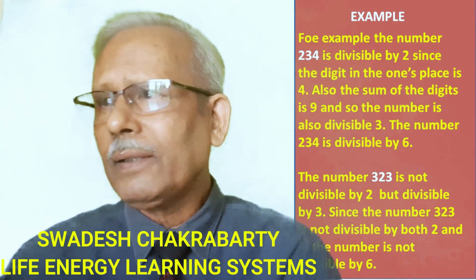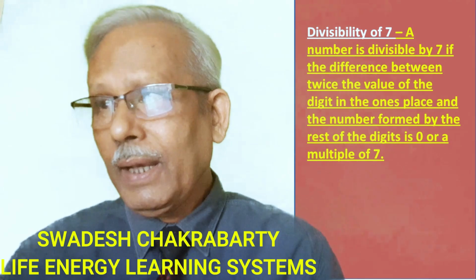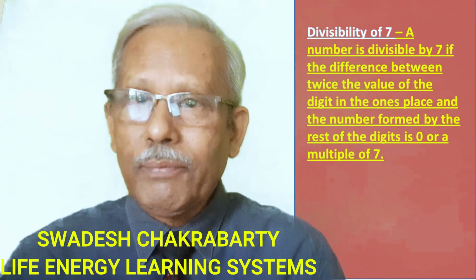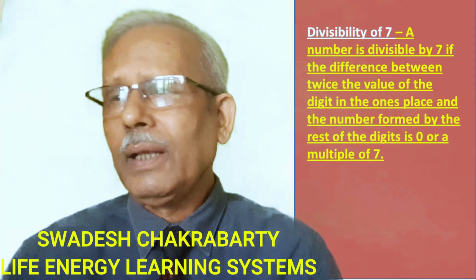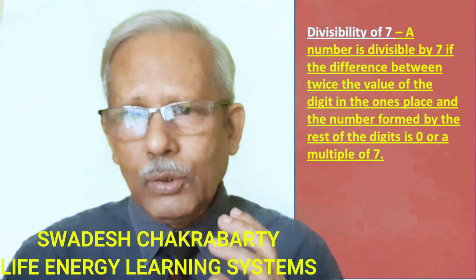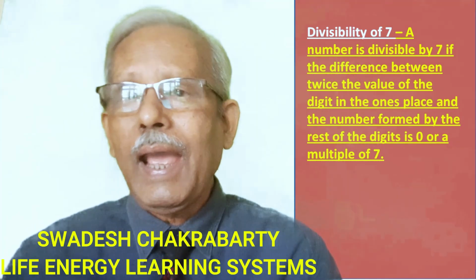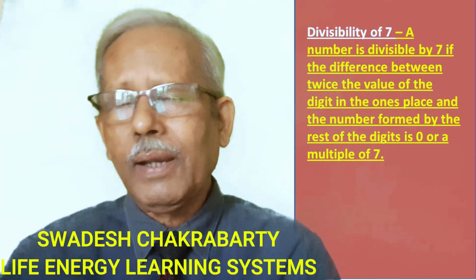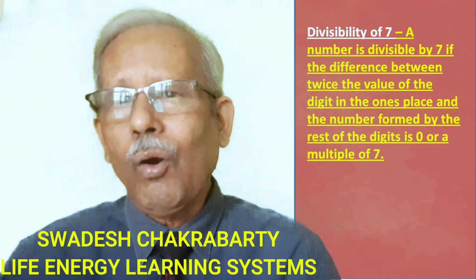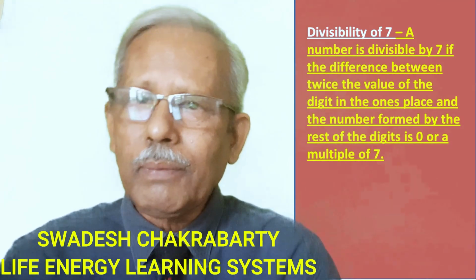Now, let us take the case of the number 7, which is a little typical. Note it very carefully: a number is divisible by 7 if the difference between twice the value of the digit in the ones place and the rest of the number is 0 or divisible by 7, then the number is divisible by 7.